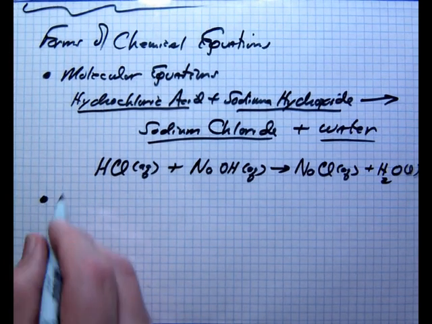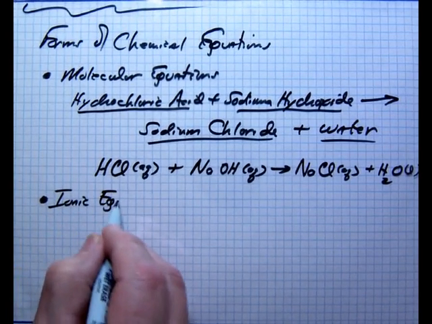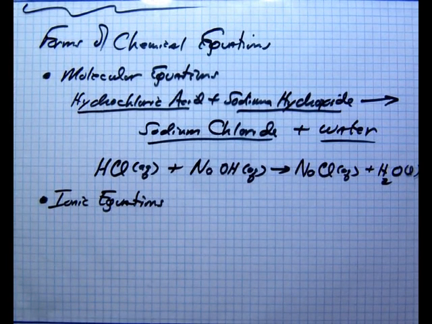Now, there are things called ionic equations. Ionic compounds are named ionic compounds because they ionize. If you have an ionizable compound, you write it in ionic form.